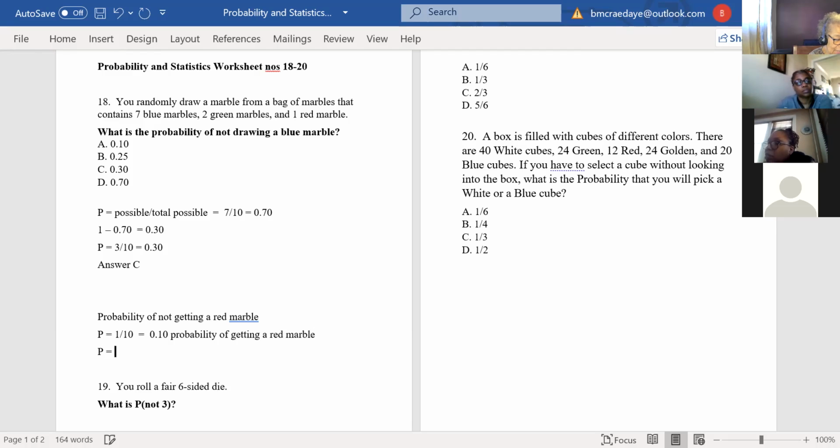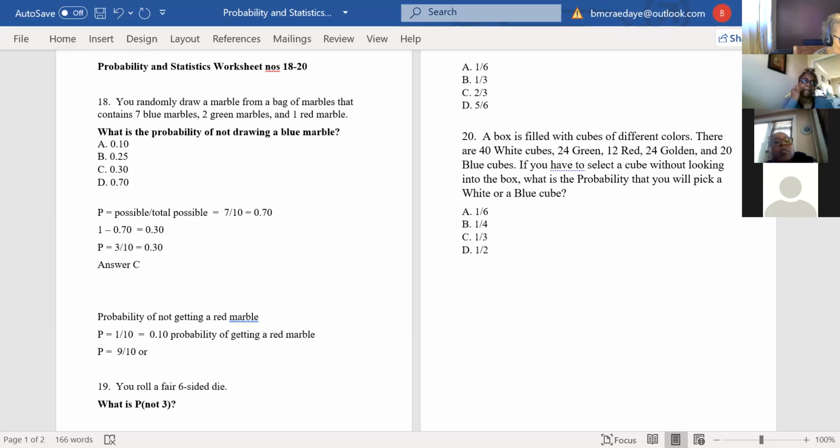How would you find that? So you add 7 and 2 is 9. 9 over 10. That's right. You could say 9 over 10. Or it could be 0.90.